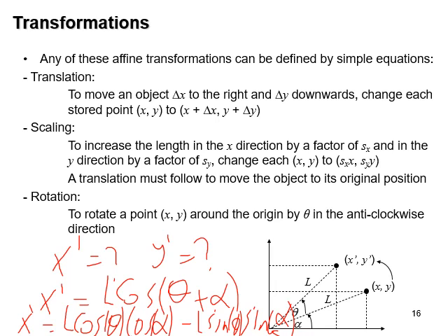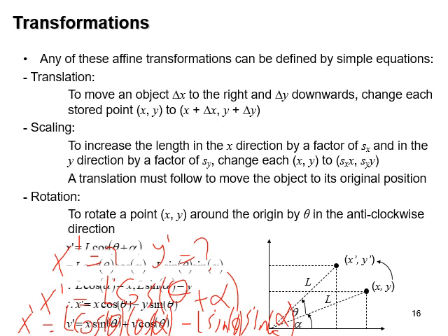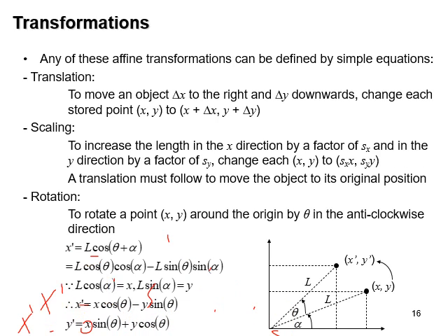So we used here the rule of the summation of angles inside the cosine. Now, how would that help us in getting the expression for x prime and y prime? Let's look at the full solution. As I said, x prime is equal to L cosine theta plus alpha, which is equal to L cosine theta cosine alpha minus L sine theta sine alpha.